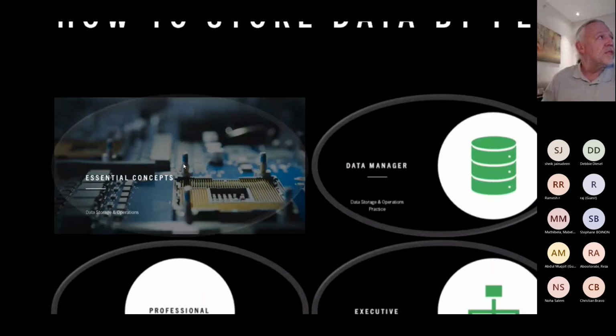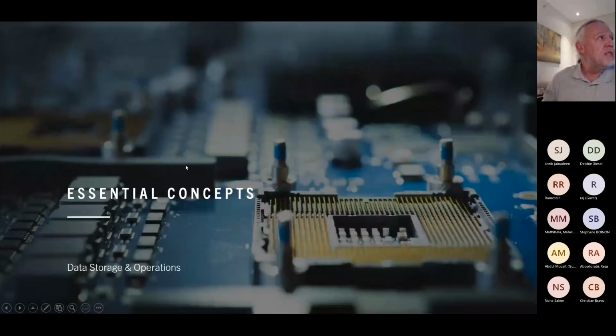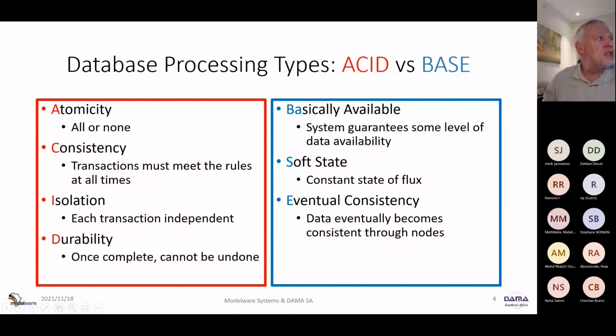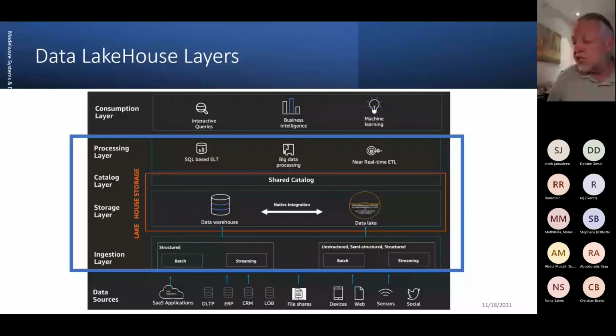The reason the lake house was introduced was to add the warehouse into the picture. So the data lake is immutable. It's read once; you can't go and update it.